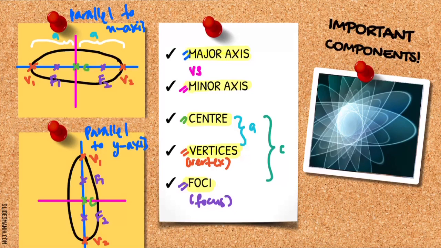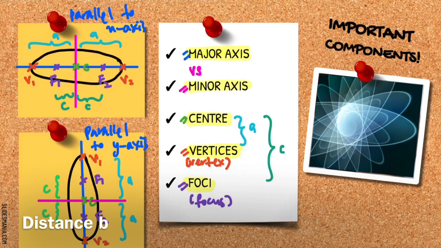The distance between center and focus, center and focus, both of these are C. Let us see another ellipse here. Let us repeat: center to vertex is A, and the other center to the other vertex is A. Center to focus is C, and the other center to focus is also C.